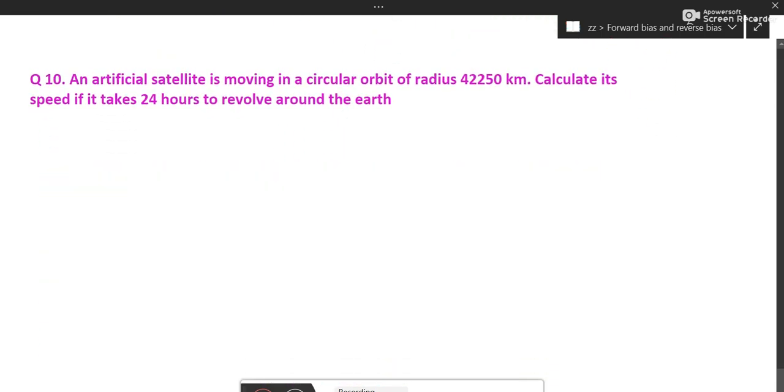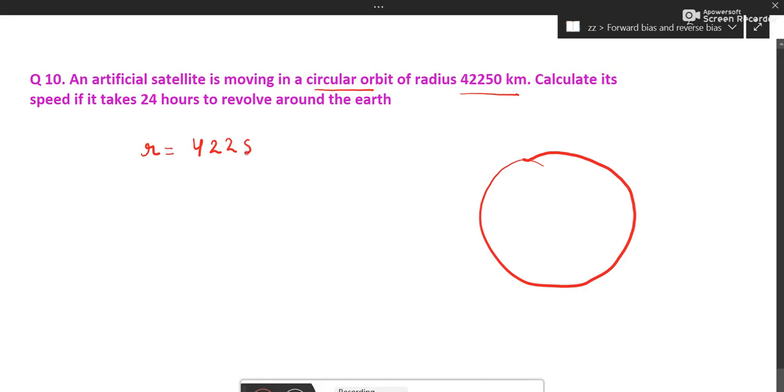Getting to the last question of the exercise. An artificial satellite is moving in a circular orbit of radius 42250. Calculate the speed. The time is 24 hours.